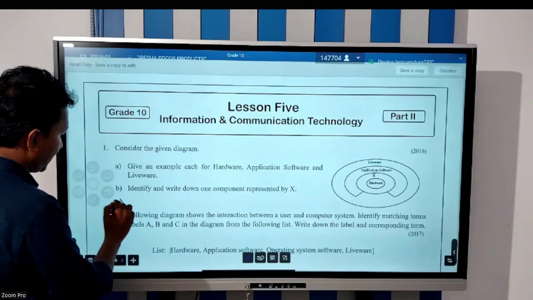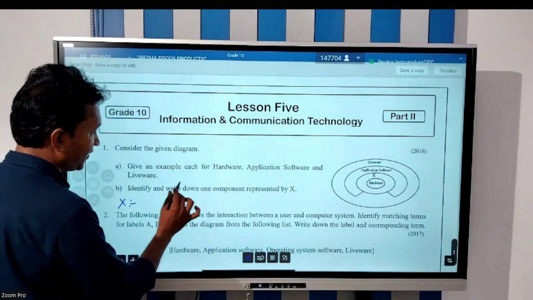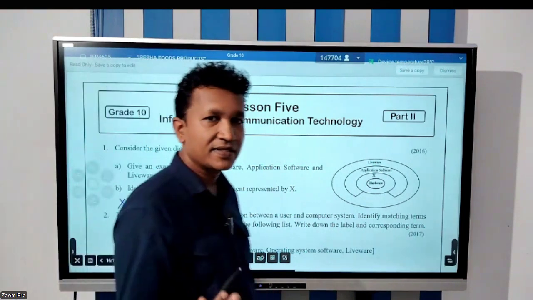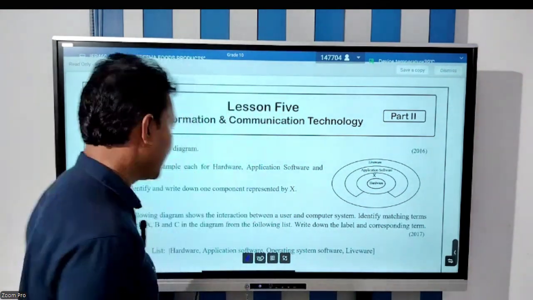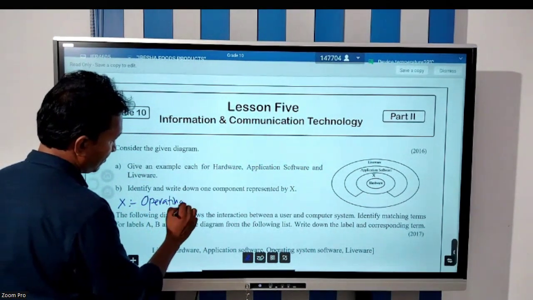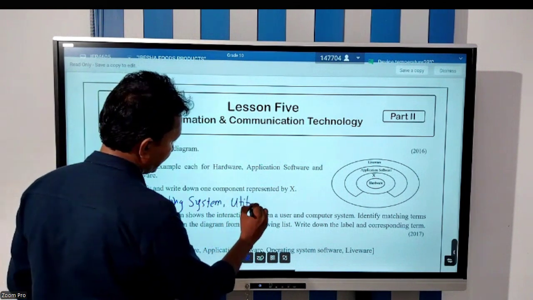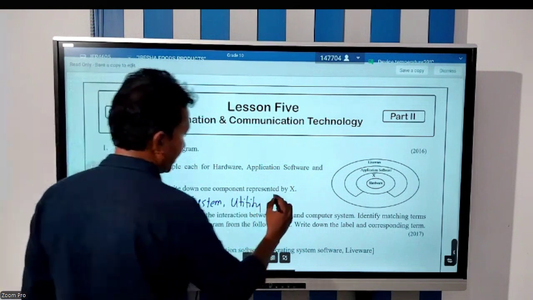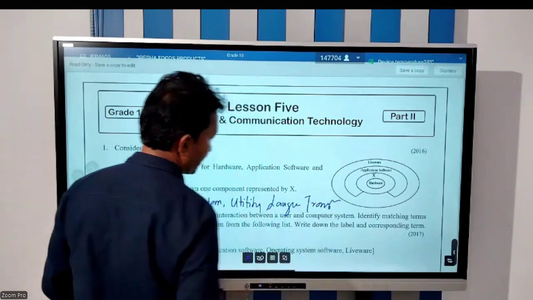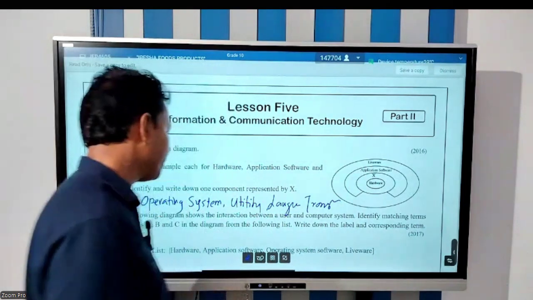There are three components: operating system, utility software, and language translators. Those are the components of system software, right?